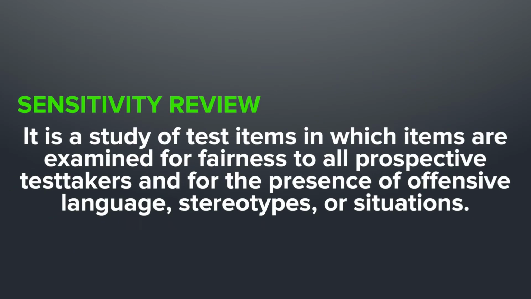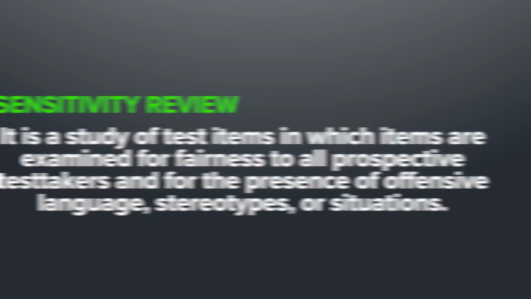In sensitivity review, test fairness is what we are trying to establish. And the expert panel conducts the sensitivity review. By definition, sensitivity review is a study of test items in which items are examined for fairness to all prospective test takers, and for the presence of offensive language, stereotypes, or situations. How sensitive are the items? You might be offending other people, right?